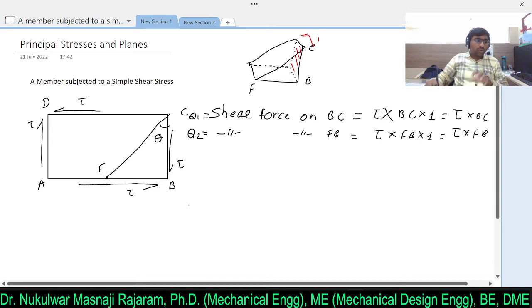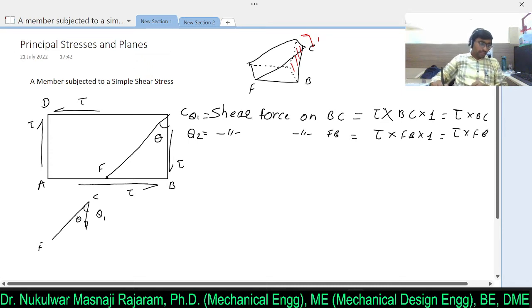Now we want the total normal force acting on this particular plane FC. So let's see how the forces are acting. So this plane is FC. Now this Q1 is acting in downward direction. So this is force Q1 which is acting on plane BC. As we know this is theta, so definitely this will become theta.